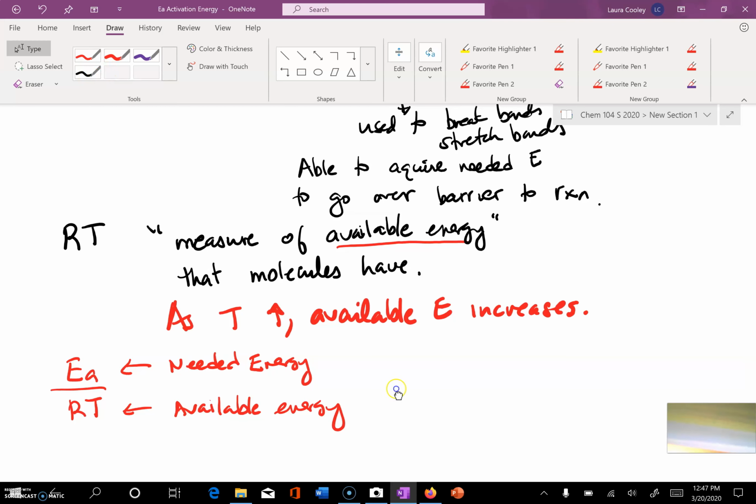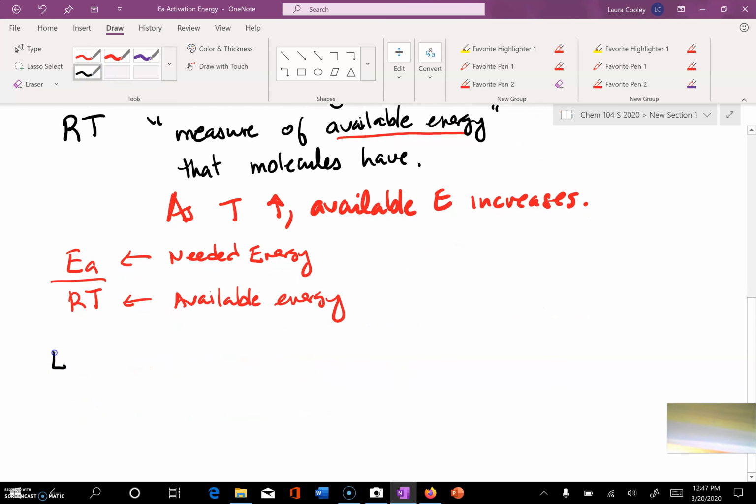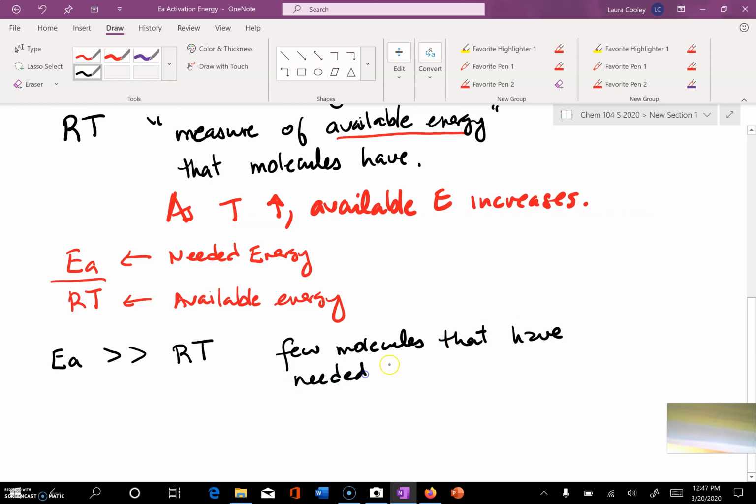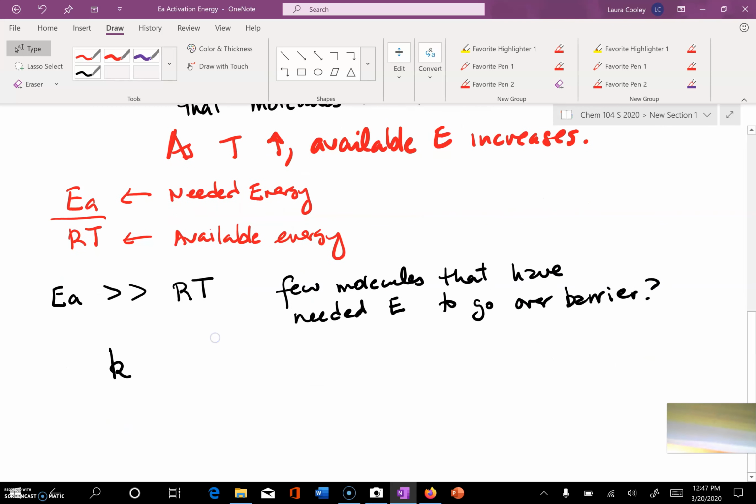And something we can say for sure is that if the needed energy is greater by a lot than the available energy, there are going to be few molecules that have the needed energy to go over the barrier. And what's that going to do to the rate? The rate constant, K, will be small.